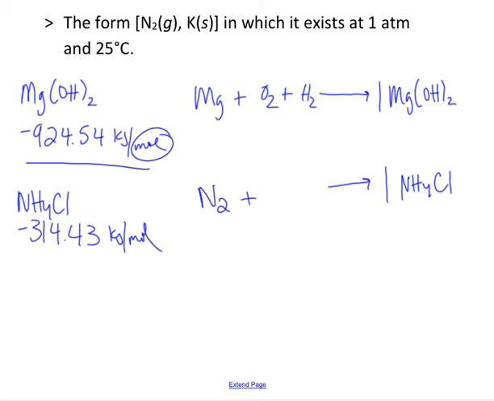N2 plus H2 plus Cl2. Now again, I can't change that 1 mole formation. So what do I have to put in front of the nitrogen? 1/2. And I'm allowed to have fractional coefficients in thermochemistry. What about hydrogen? Put a 2, and chlorine, 1/2. Does that make sense to you?